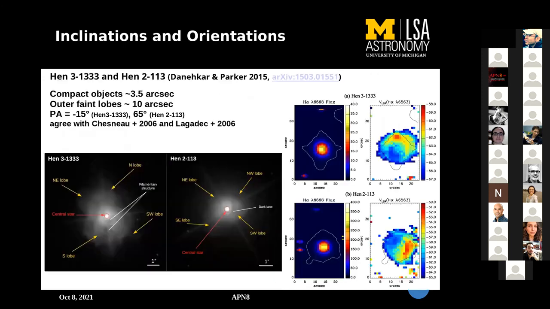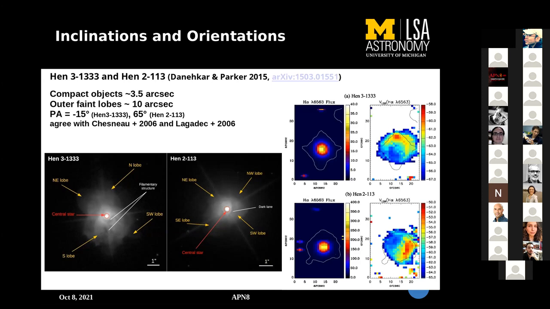Another thing is these two compact objects, where we use the IFU observation to resolve these very compact nebulae. This compact object has a size of 2.5 arcsec, which is not very good for the 2 arcsec seeing resolution of WiFeS, but using the extended halo and outer loops of this nebula, we can resolve its orientation.